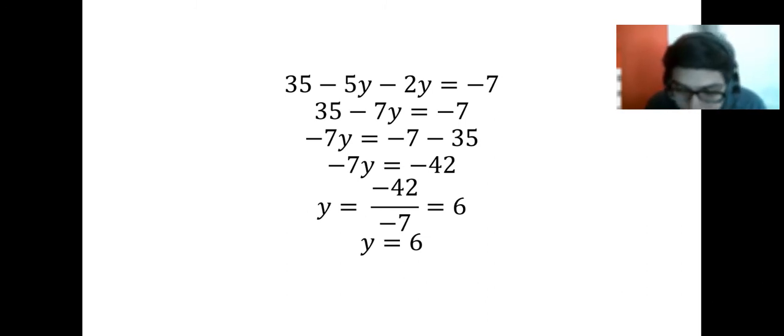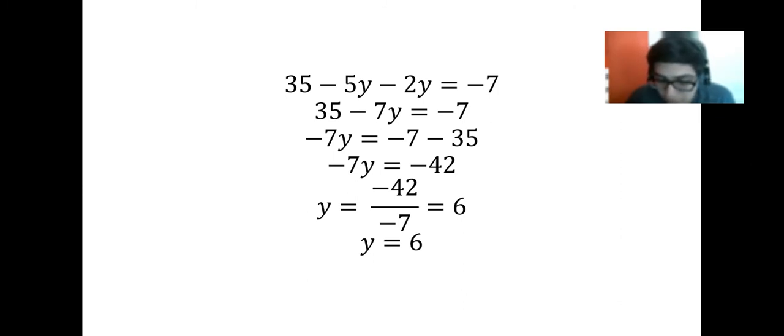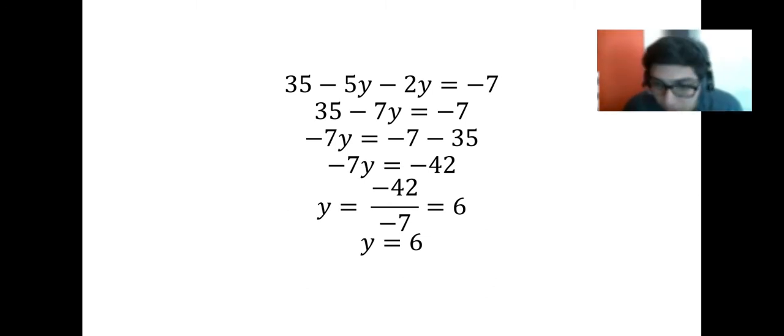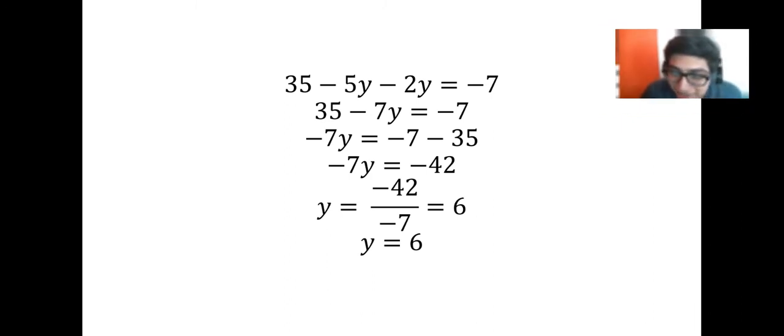35, less 7y equal less 7. Less 7y equal less 7 less 35. Less 7y equal less 42. Now y equals less 42 over less 7, which equals 6. y equals 6.